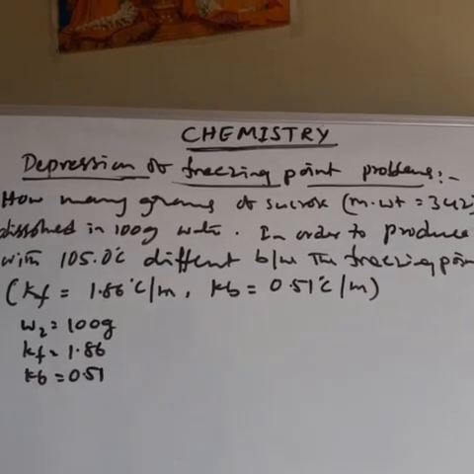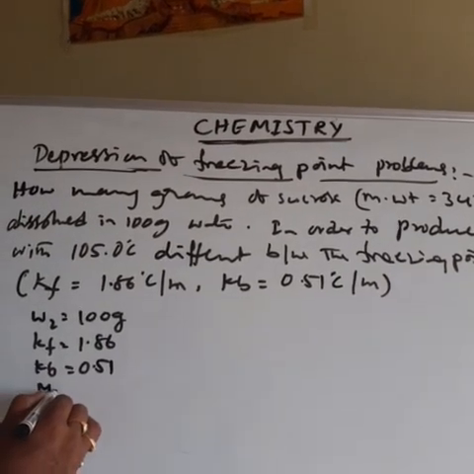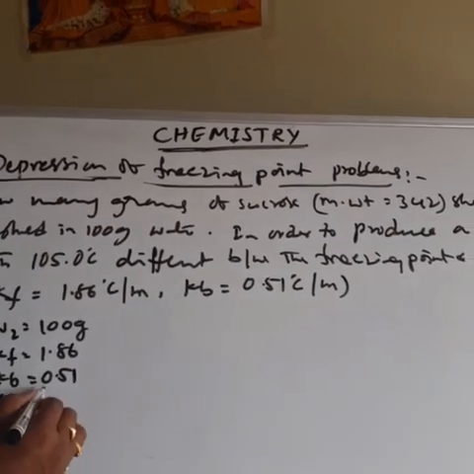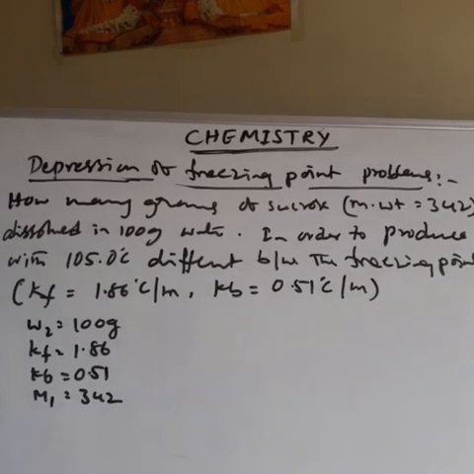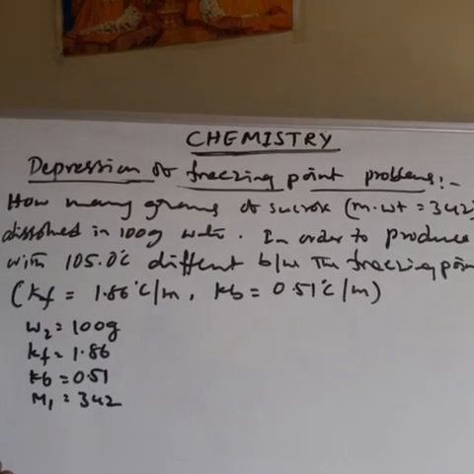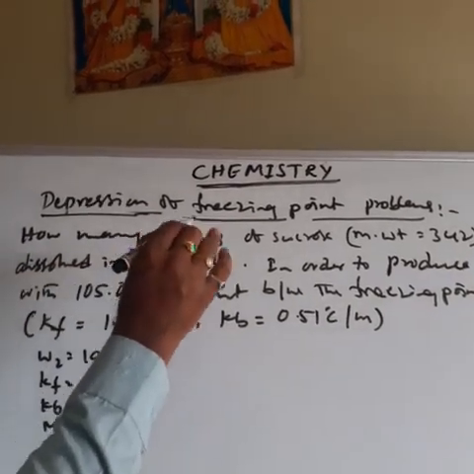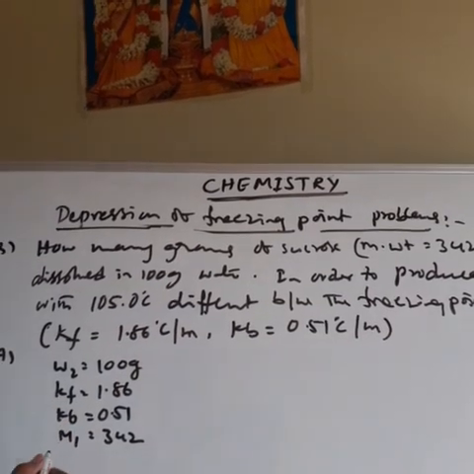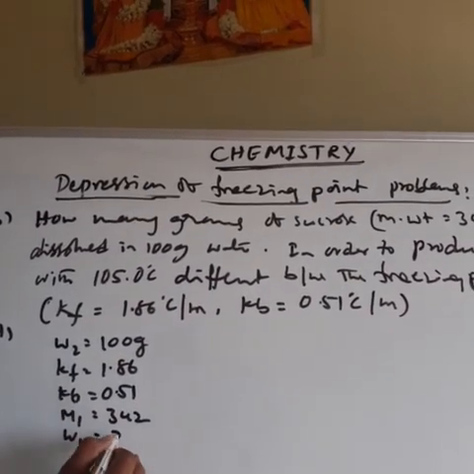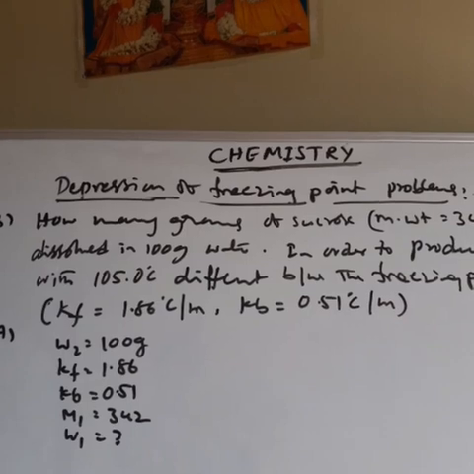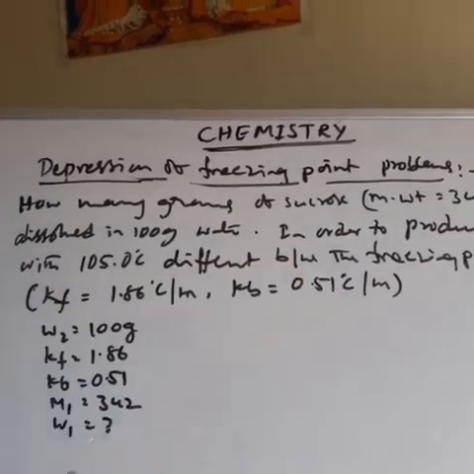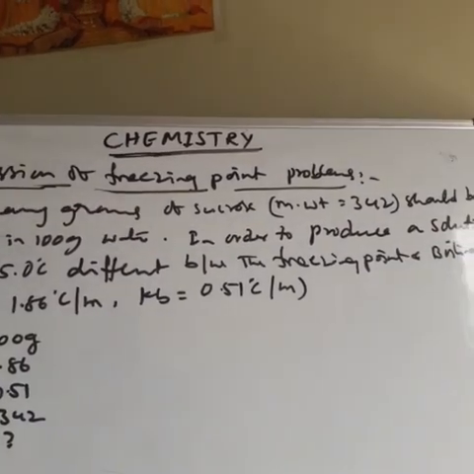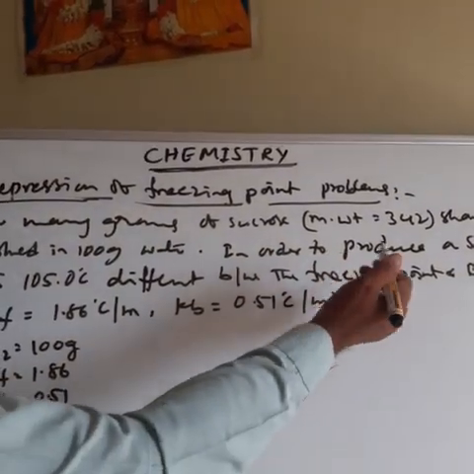Okay. Next one is M1, molecular weight of solute, what they know, 3.342. Then we have to find out how many gram of sucrose. Weight of sucrose we have to find out. Then see the first again, what they know: difference between the freezing point and boiling point.